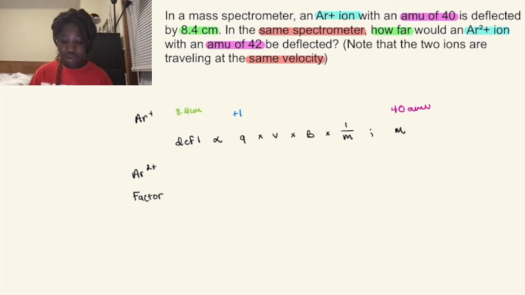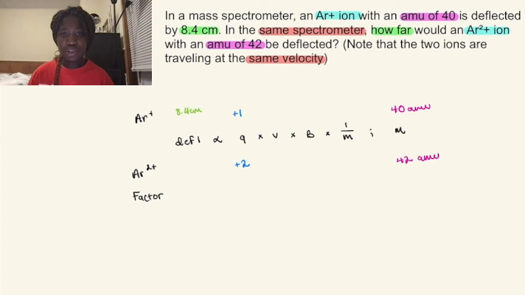Now let's look at Ar2+. We know that it's 2 plus, so its charge is plus 2. And we know that it is 42 AMU.